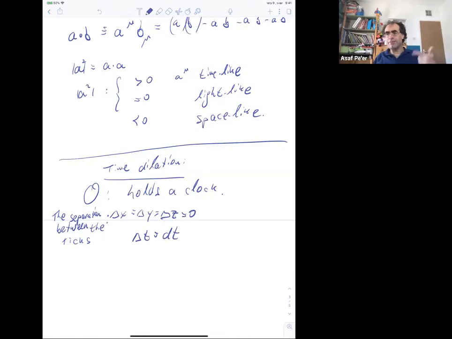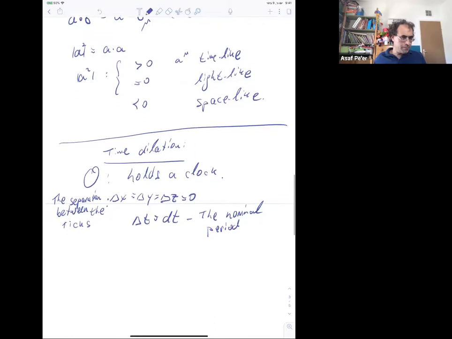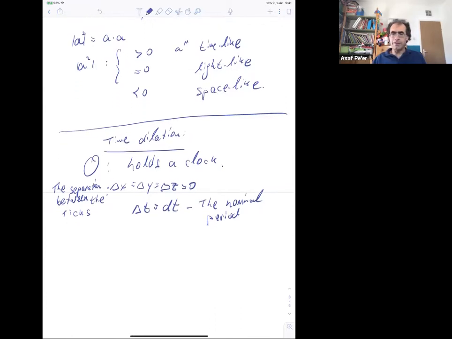This is the time that the manufacturer of the clock meant that it will have between any two ticks. This is the nominal period, and it has a name.